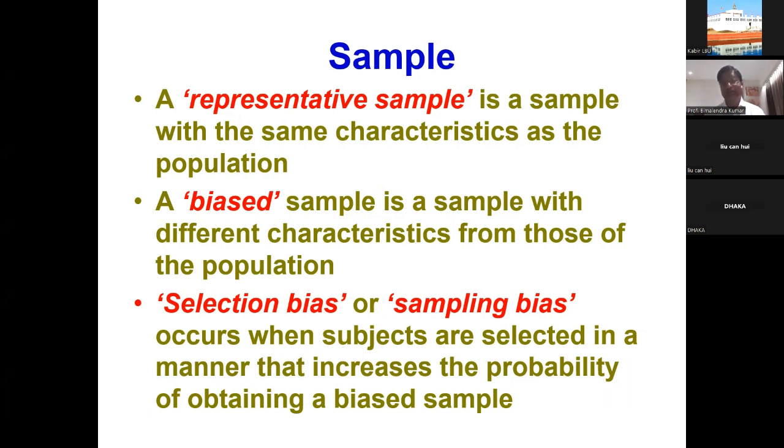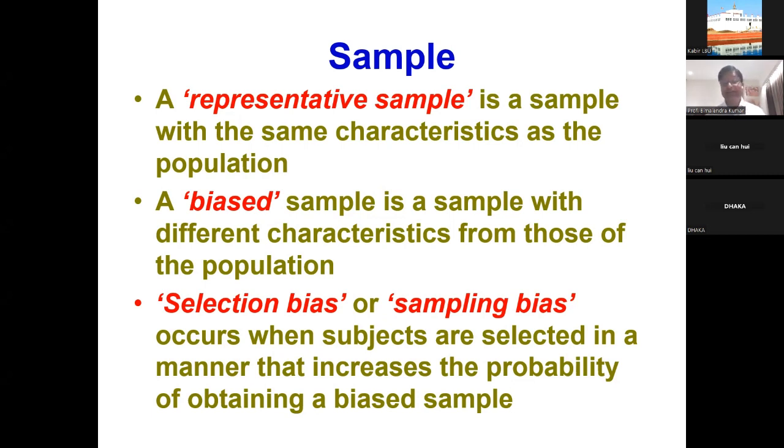Out of the population, there are families which do not have similar characteristics. They have different characteristics, so there will be findings in different manners also, not the same one.